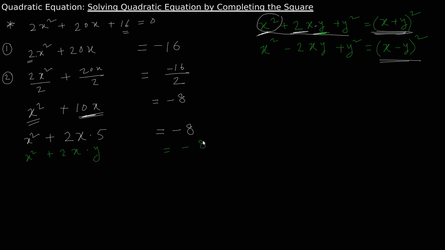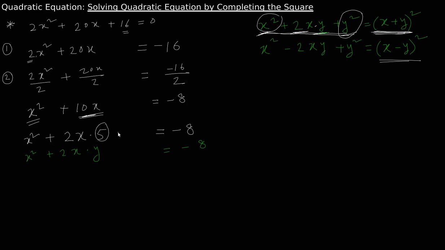Now look at this original equation. In the original equation I have y square. If I have y square, then all these three terms I can write as (x plus y) square. In this case my y is 5.